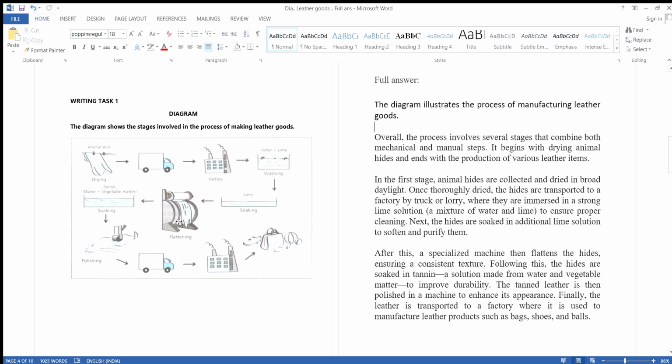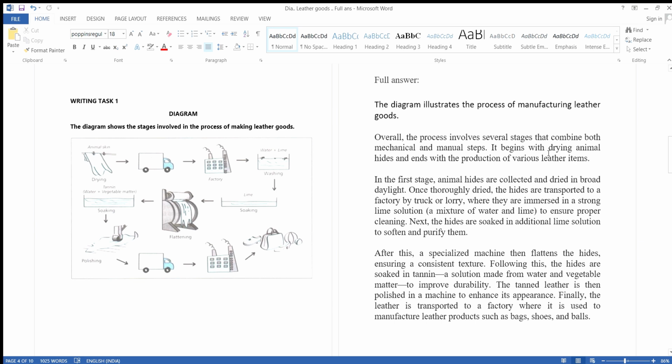It's the workers. So we use the word manual steps here. And because there are two steps, which is mechanical and manual, we use an academic word which is both. When you use the word both, it should be always followed with the pair which is and. Both and and. So these are the paired conjunctions.